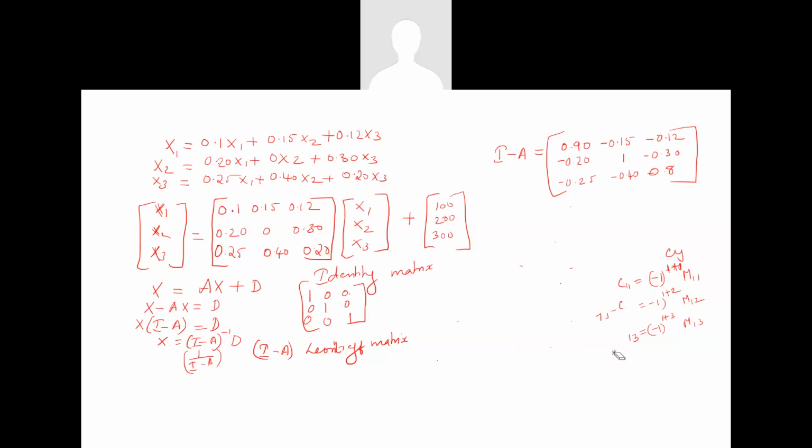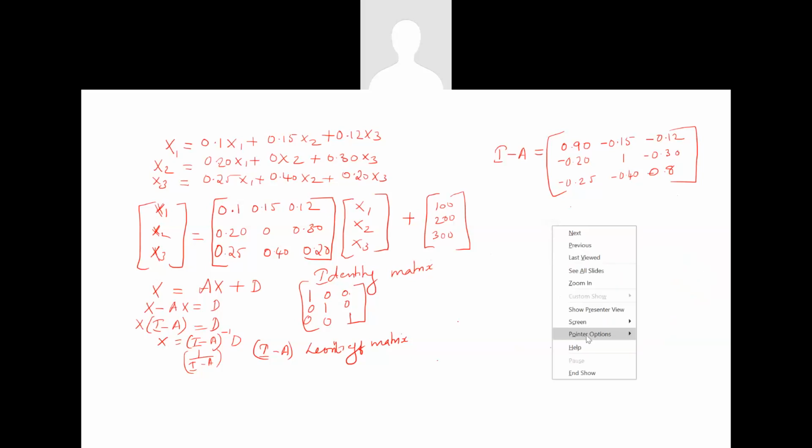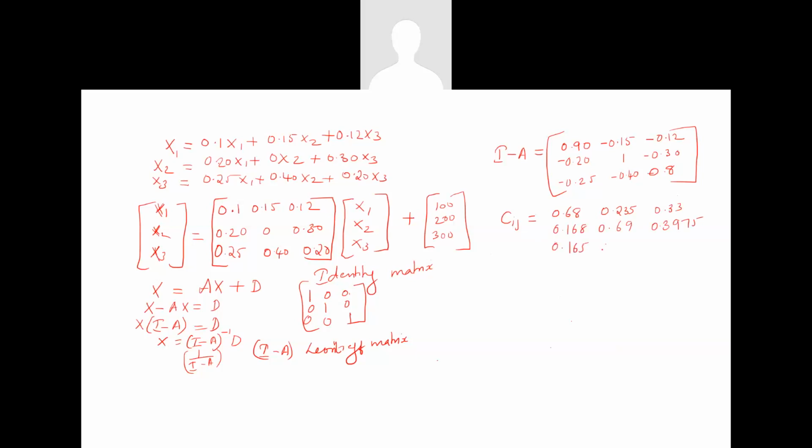The cofactor matrix Cij is equal to: 0.68, 0.235, 0.33, then 0.168, 0.69, 0.3975, then 0.165, 0.294, and 0.87. This is how you write a cofactor matrix.